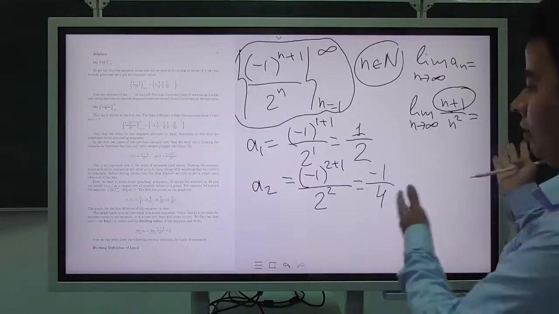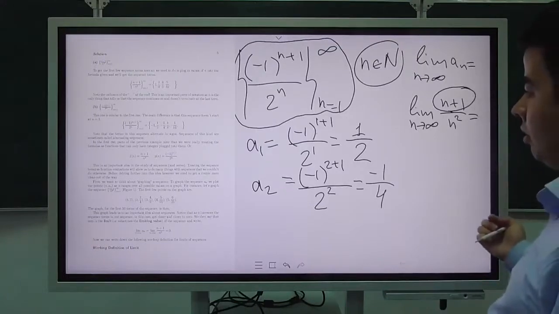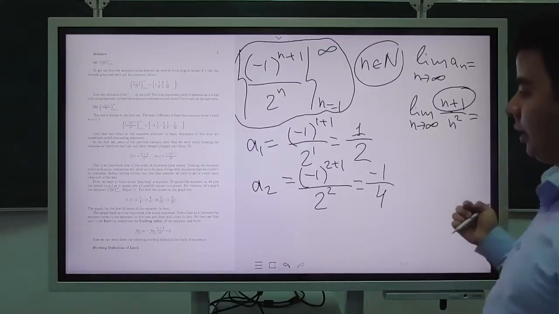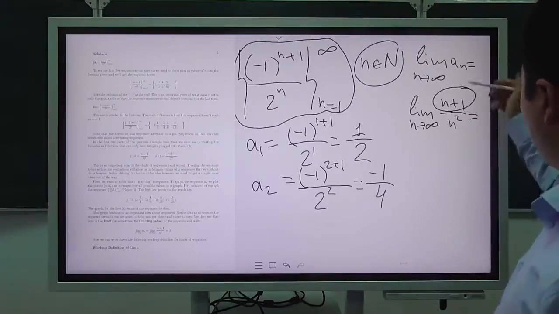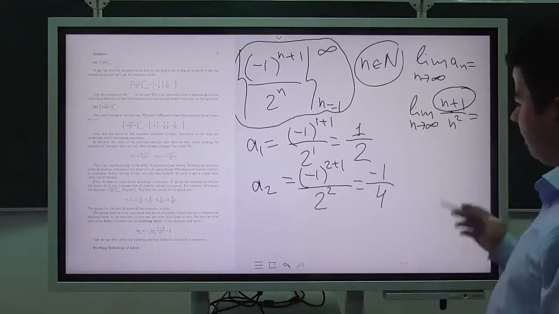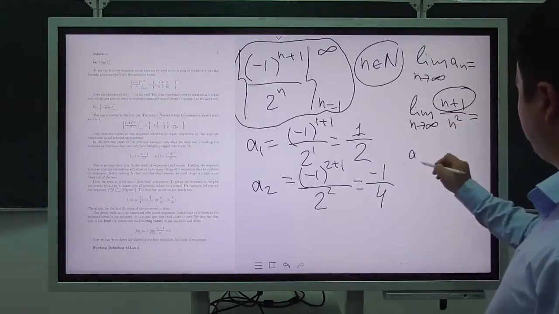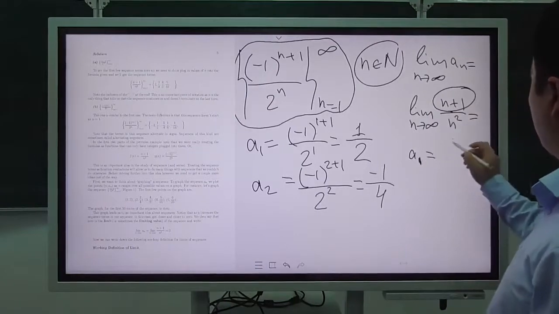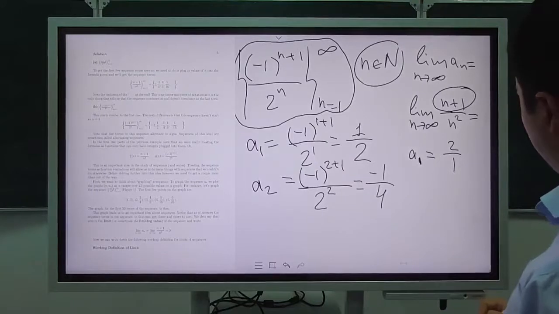Now, what kind of sequence is it, increasing or decreasing? Look here, let's find the terms of this sequence. Firstly, a1 is 1 plus 1, 2 over 1, it is 2.